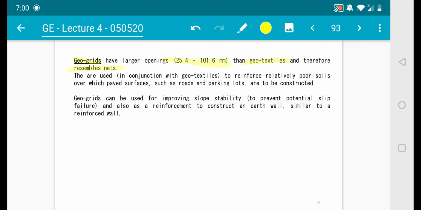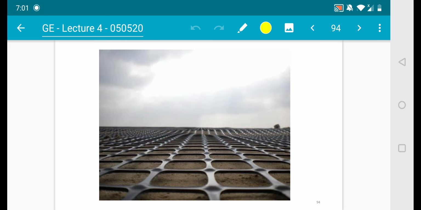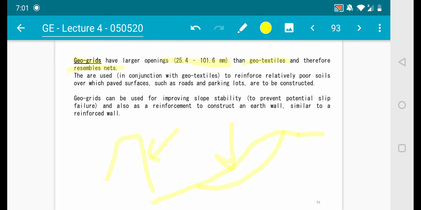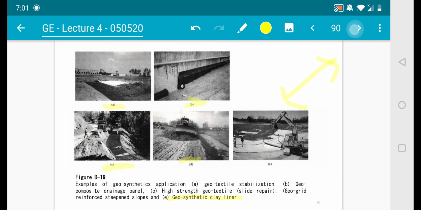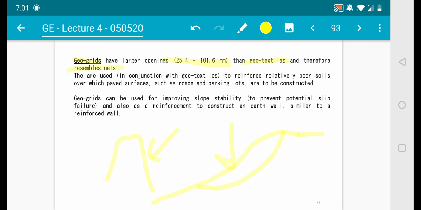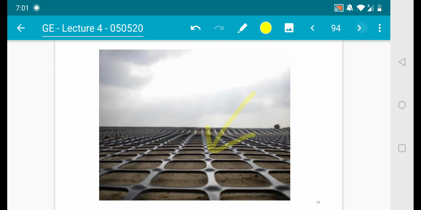Geogrids can be used for improving slope stability, to prevent potential slip failure, and also as a reinforcement to construct earth walls similar to reinforced walls. So larger openings compared to the first one. The first one was geotextile, and then we move on to geogrid with larger openings.